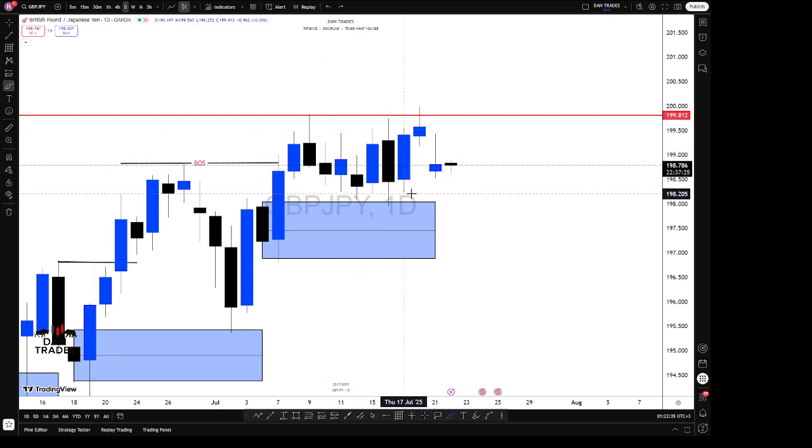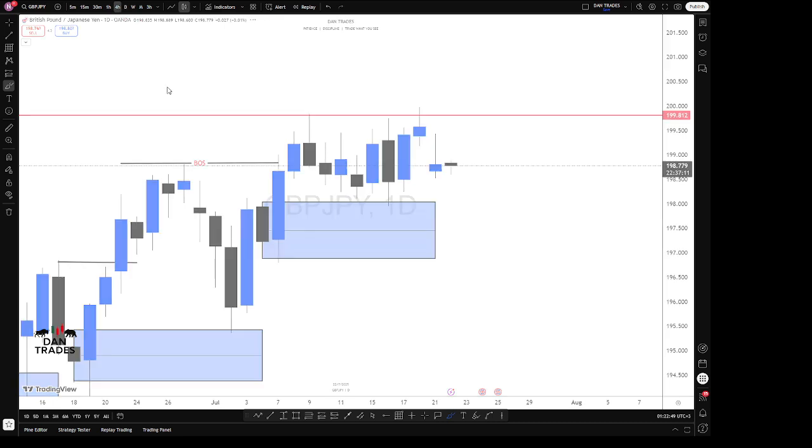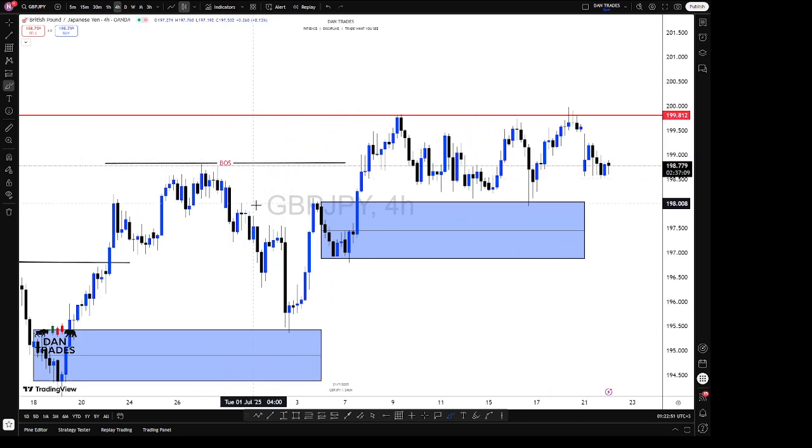If this selling opportunity arises, then we're going to sell towards this low, right? So we're going to look for selling opportunities, but if we find a buying opportunity, we're going to look for that. So moving to 4 hours, just a moment.